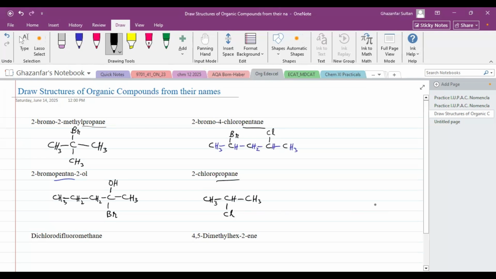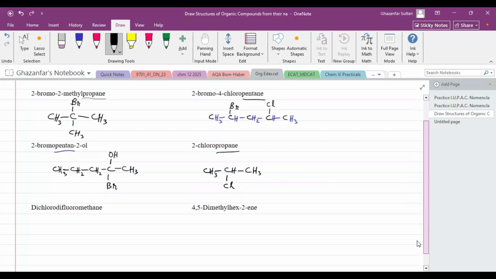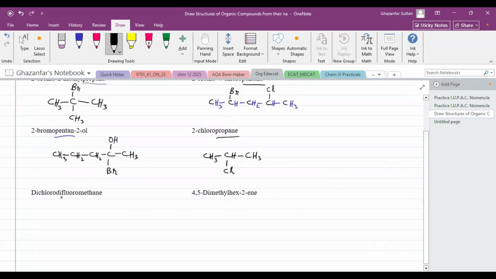So this is 2-chloropropane. Similarly, now dichloromethane, there is only one carbon atom. Dichloro means it has 2 chloro and 2 fluoro groups. So it is very easy.